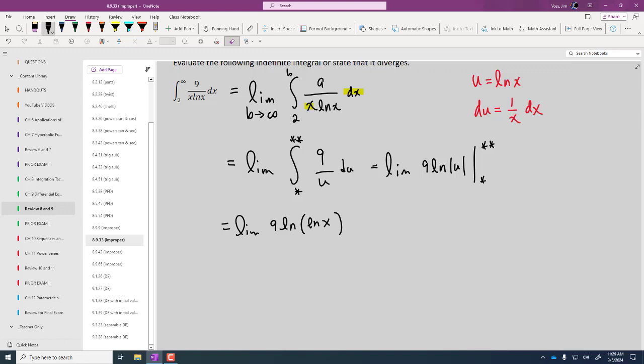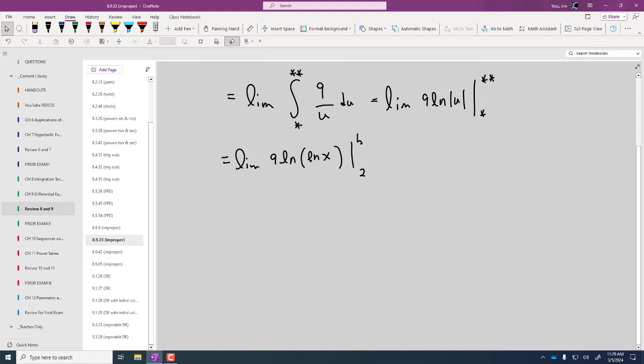And our x limits were 2 and b. So we have that. This is the limit as b goes to infinity. It's not looking good for the convergence. So the 9, let's pull that 9 all the way out in front.